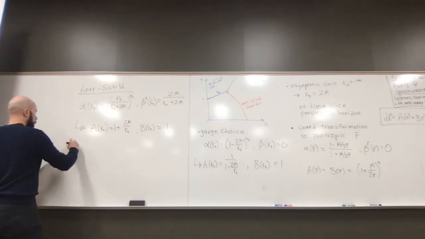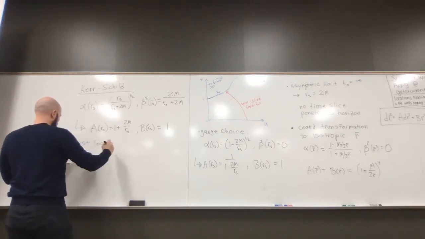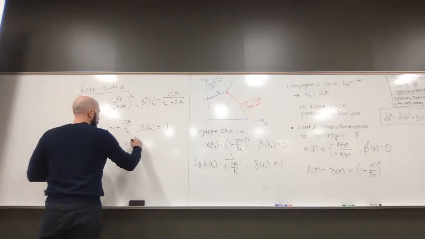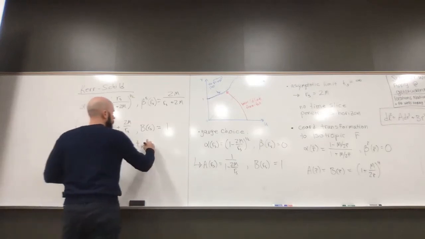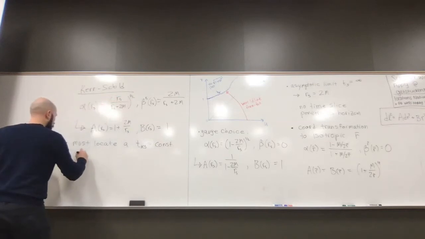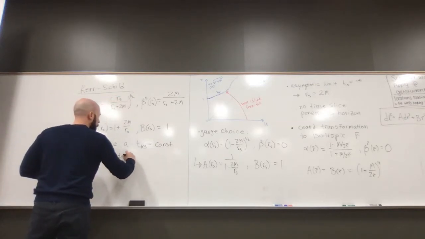So we must locate a time, and I'm going to call it the KS time, equals a constant surface or slice to determine initial conditions.